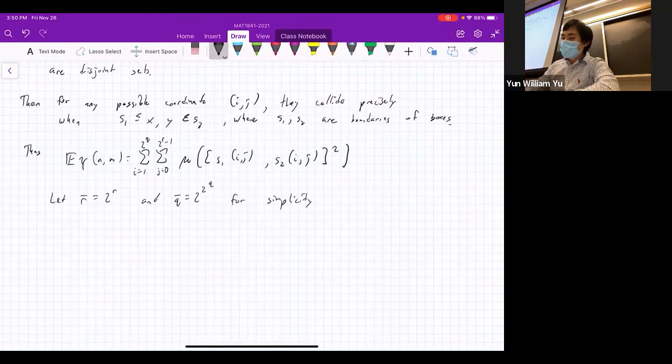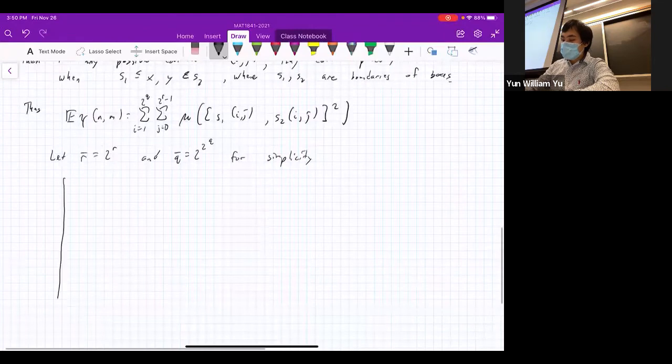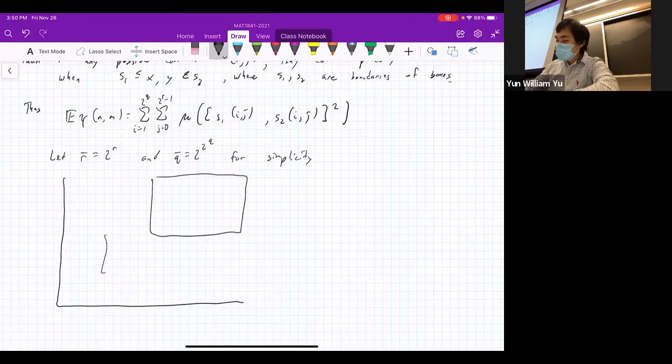And then we're going to draw out these boxes. So we have our big regions over here, and our smallest region down here, and then within each of these regions we have some number of boxes.